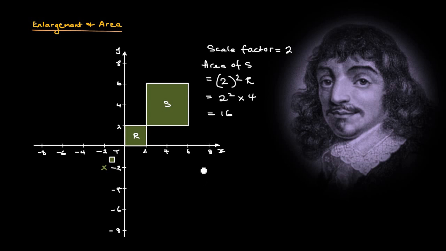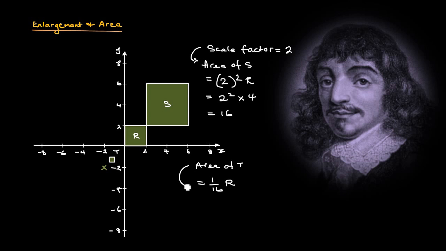And it can work in the other direction as well. Make sure, if you've been told, for example, that the area of T is 1/16 of the area of R, so area of T equals 1/16 the area of R. Well, if you're asked for the scale factor of that second transformation, then be careful not to say that it's 1/16.